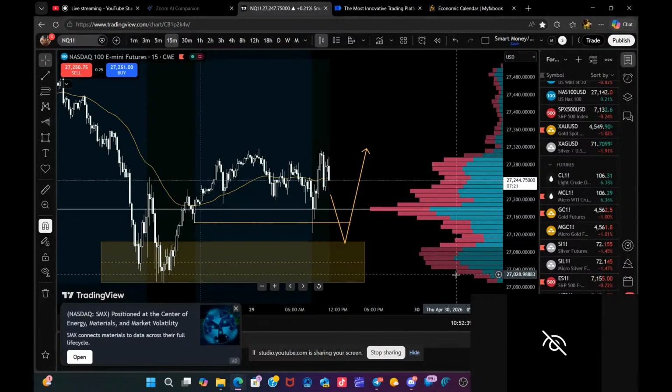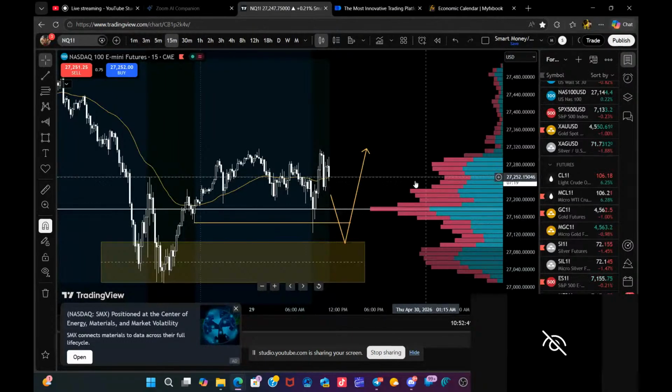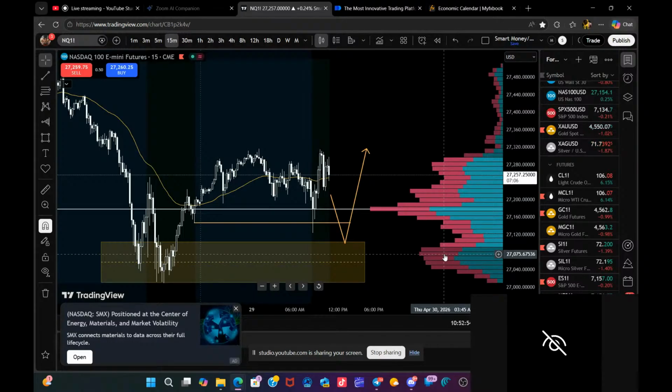You have these peaks. The point of control has a peak, and outside of that, you have other peaks. Those are called high volume nodes. High volume has been traded at those price levels as well. And you have low volume nodes. Those are the valleys in between the peaks.